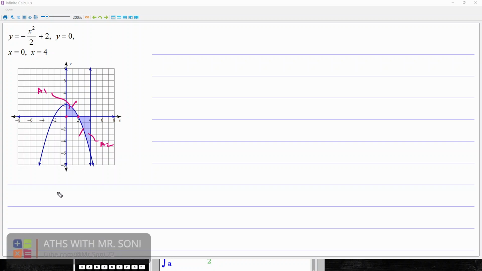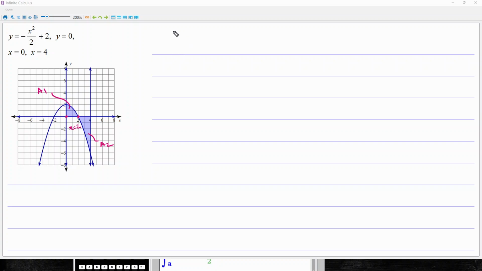So that's why we need to change this. So due to the graph, the point of intersection is already found as x is equal to 2. But if not, then we have to calculate the x-intercept of this parabola with the help of CAS calculator.